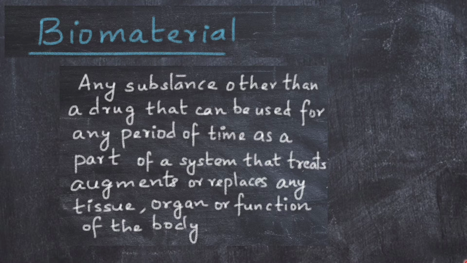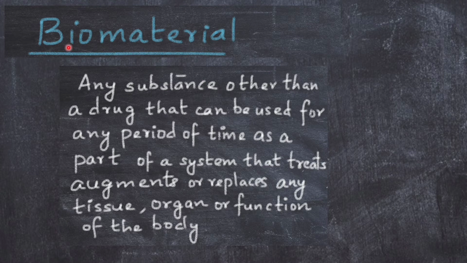That is, it does not evoke any kind of irritating, allergic or carcinogenic response in that particular body. If it does not, then that material is a biologically compatible material or a biomaterial.